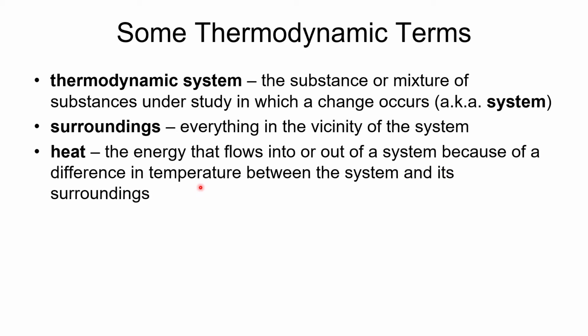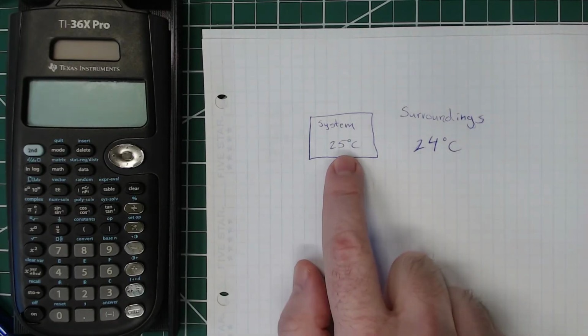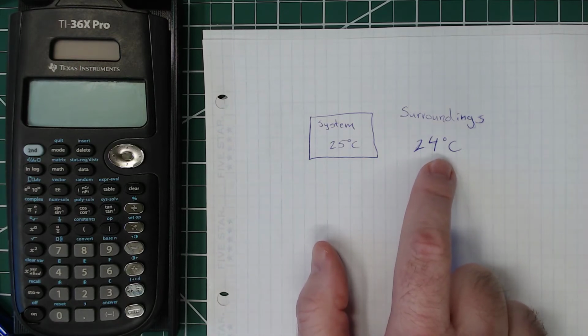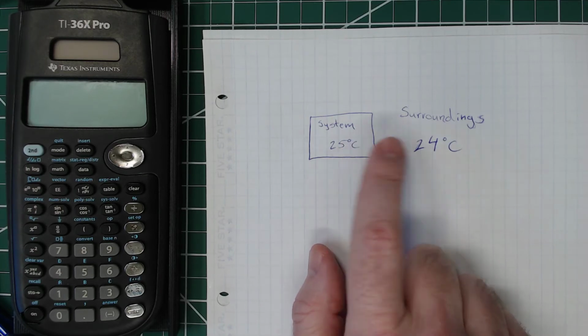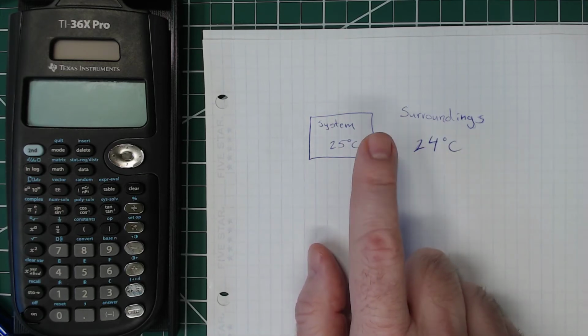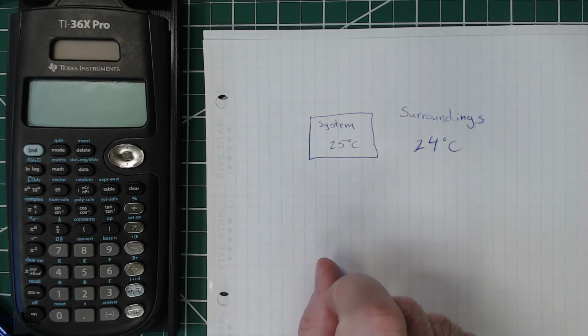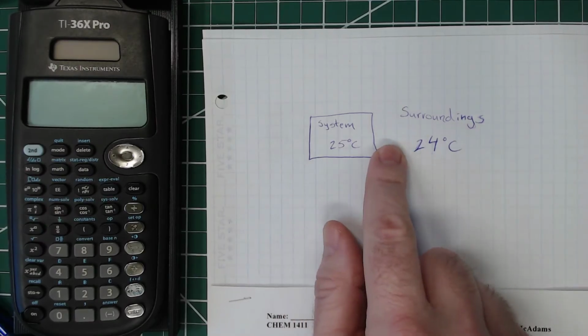We saw this a little bit ago when we were looking at this, right? Here we had a system that was at 25 degrees Celsius, and we had the surroundings at 24 degrees Celsius, and so heat was going to flow from our system into our surroundings because the system was warmer. Well, if you think about it, when would it stop?